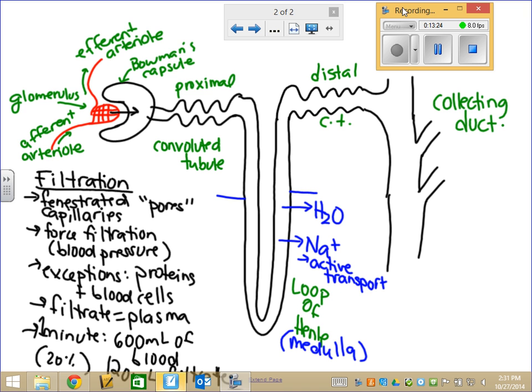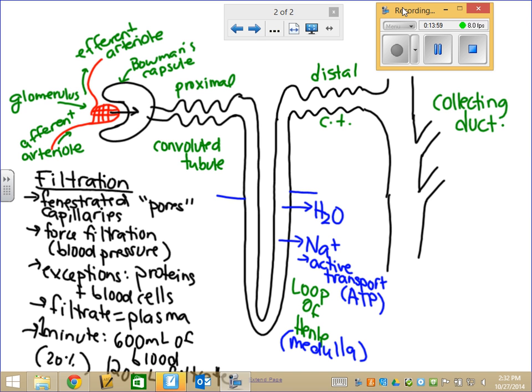That means that your body is going to expend ATP on purpose to move as much sodium as it can out of the filtrate and back into the blood vessels that are surrounding the loop of Henle in the medulla. You might hear people refer to the medulla as a salty portion of the kidney, and this is why, because we're actively reabsorbing sodium.